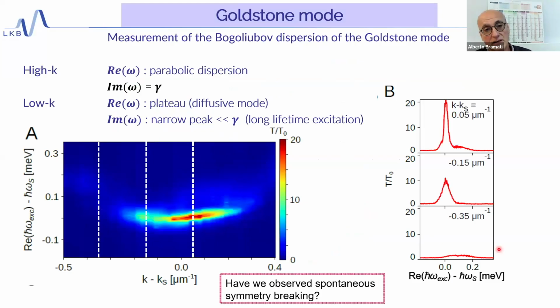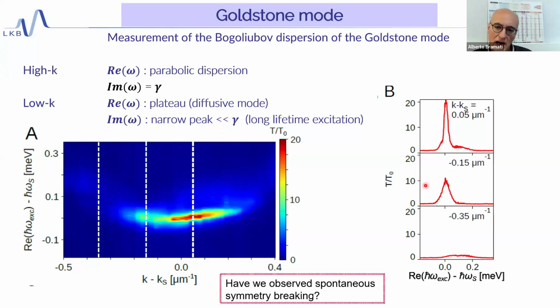These are the experimental results. So we can see that in the low wave vector regime, we observe very clearly the presence of a plateau here, which is a signature of the presence of a diffusive mode. And if you observe here the linewidth of the peak, we can see that around k equals 0, we have a very strong narrowing of the linewidth, which is much less than the bare polariton linewidth.